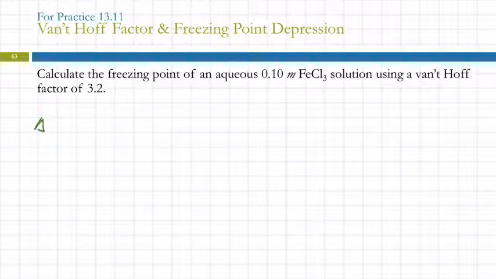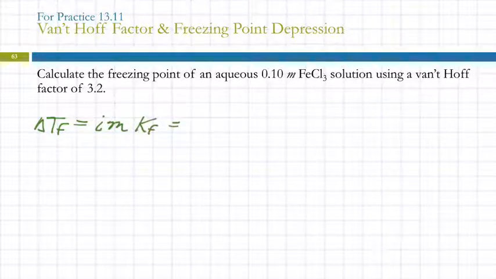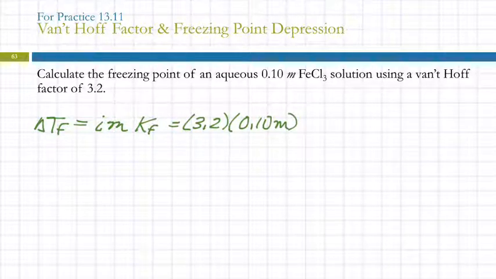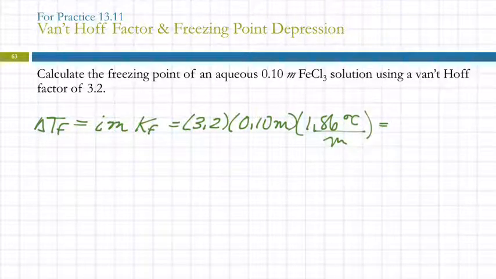So the freezing point depression is going to equal the Van 't Hoff factor times the molality times Kf. So they gave us the Van 't Hoff factor to use, and the molality is 0.10, and the freezing point depression constant is 1.86 degrees Celsius per molal, because I happen to remember it, that's all.